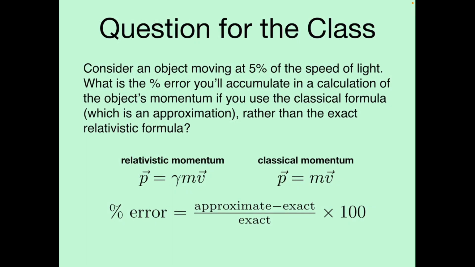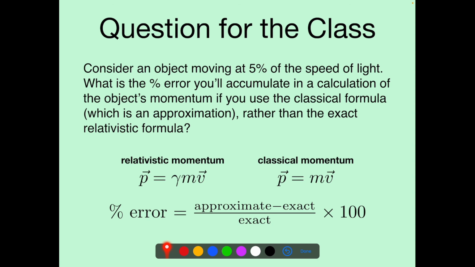So here's one for you guys to try out. Let's consider an object moving at 5% of the speed of light. What is the percent error that you'll accumulate in a calculation of the object's momentum if you use the classical formula, which is an approximation, rather than the exact relativistic formula? So we have an object moving at 5% of the speed of light.